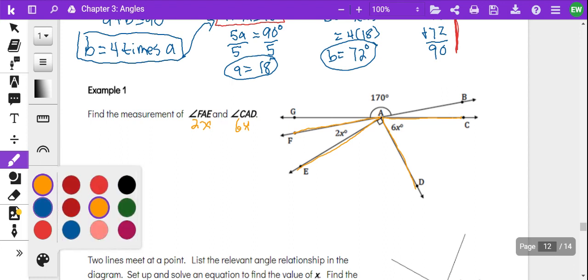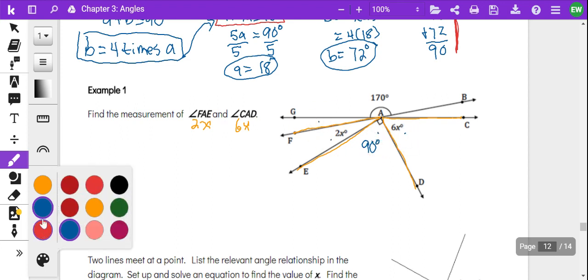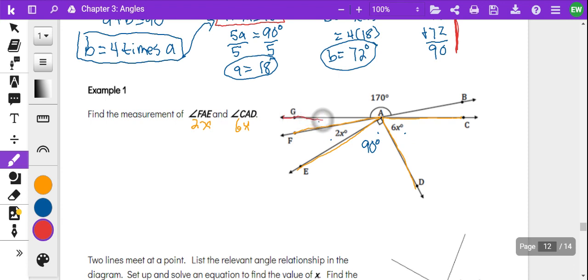I know this is 90, so I'm going to label that. So I've got 1, 2, 3, 4 angles for this straight angle right here. But I'm missing the measurement of the little tiny angle here. This one right there. But I also see that it's vertical to this one. What's great about this is that 170 plus this angle right there is 180.